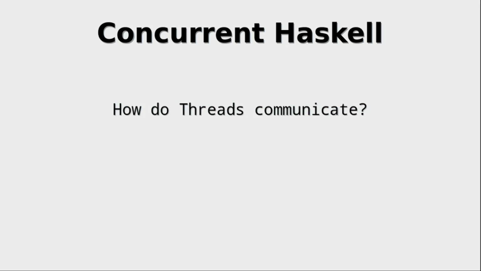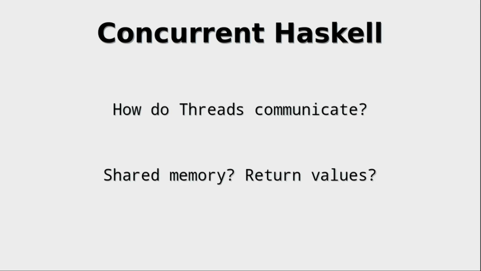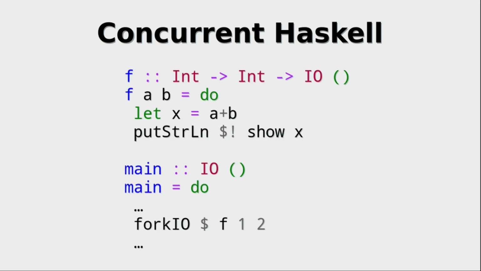But now the question is, how do those threads communicate? Is there any shared memory? Are there return values? As we've seen from the definition of forkIO, we don't have a return value for our thread. So how do we communicate with it? The easiest example of communication with a thread is giving it some arguments.